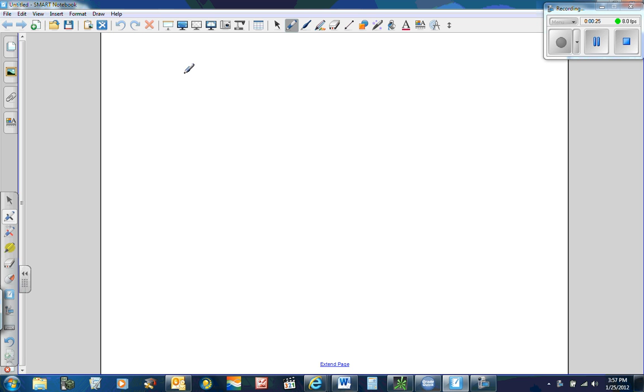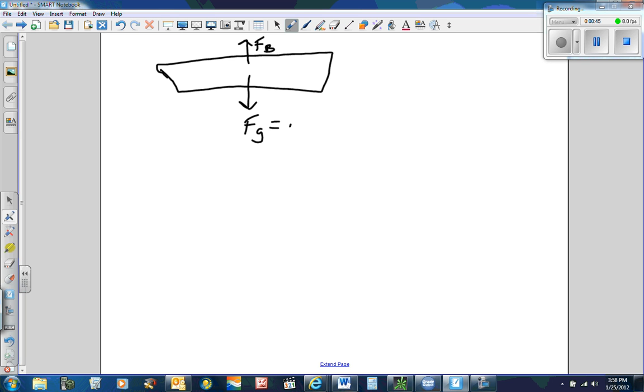And so to do this problem, there's one really important thing you've got to remember, and that is the fact that when something floats, the upward buoyant force, FB, is always going to be equal to the weight, FG, which is equal to mass times acceleration due to gravity. All right?